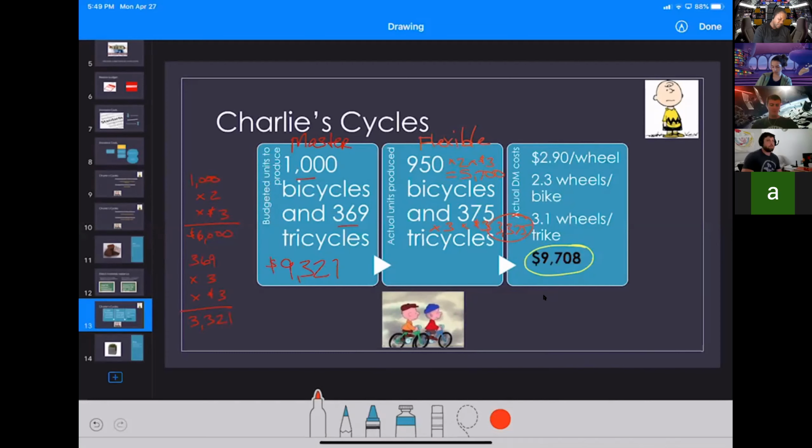Based off of this, 950 bicycles, 375 tricycles, the flexible budget is $9,075. But what we actually spent was $9,708. Are you guys with me?